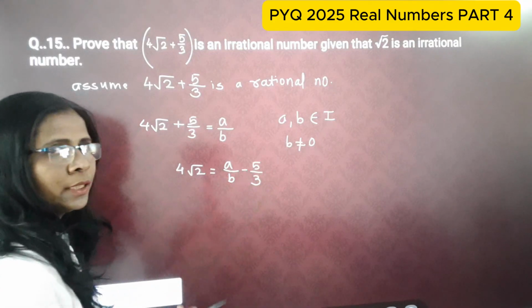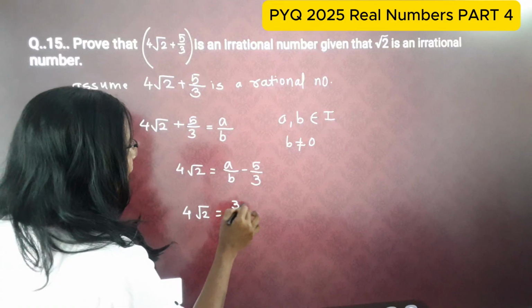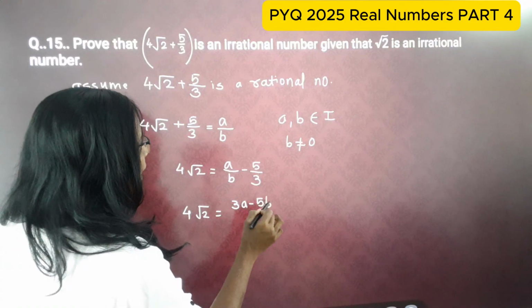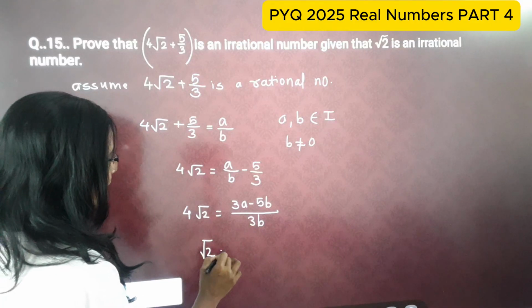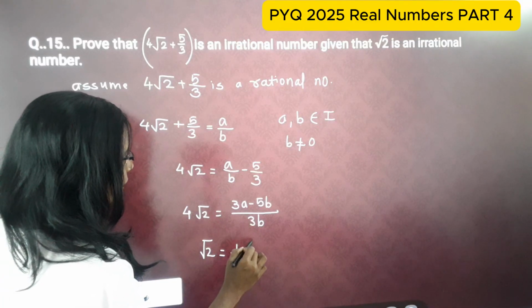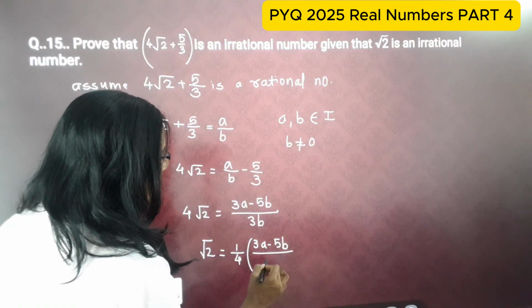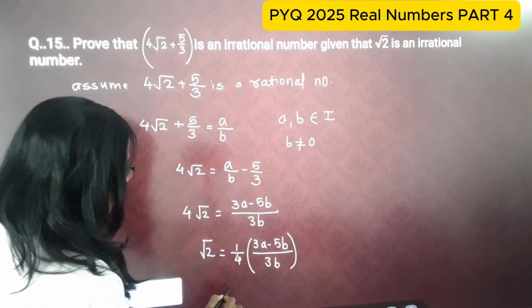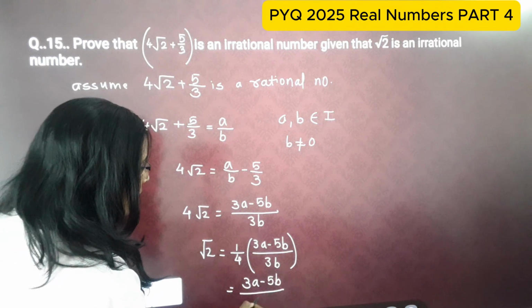We simplify: 4 root 2 is equal to 3a minus 5b upon 3b. Then root 2 is equal to 1 upon 4 multiply 3a minus 5b upon 3b, that means 3a minus 5b upon 12b.